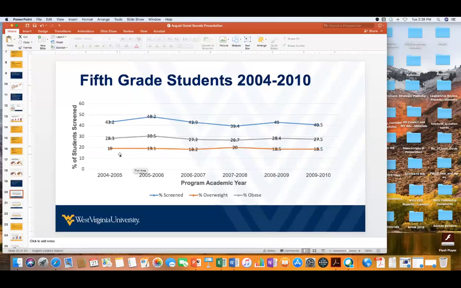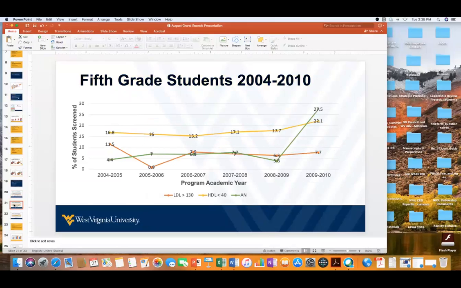The orange is overweight over that period, and this is for all 5th grade, and then obese crept up to the 3rd and then went down, but no big increase. All right, for lipids and AN, the yellow is the HDL, so abnormal HDL, less than 40, across the years.